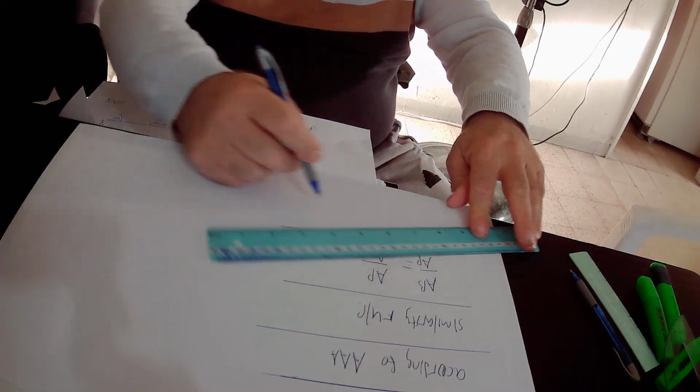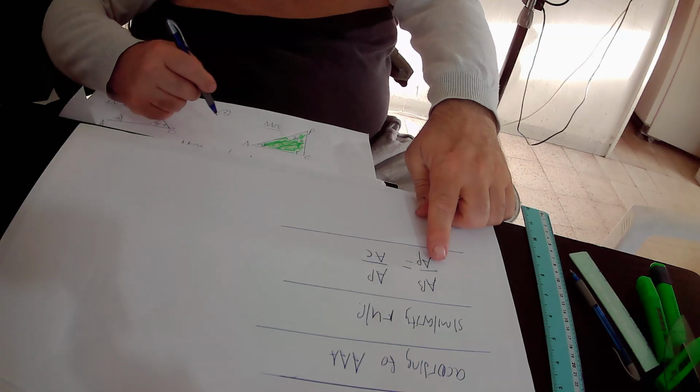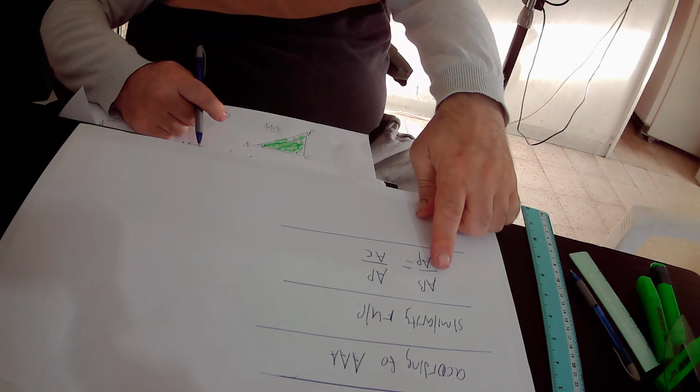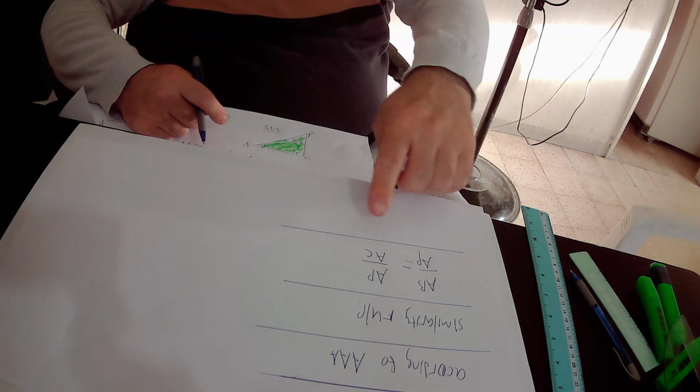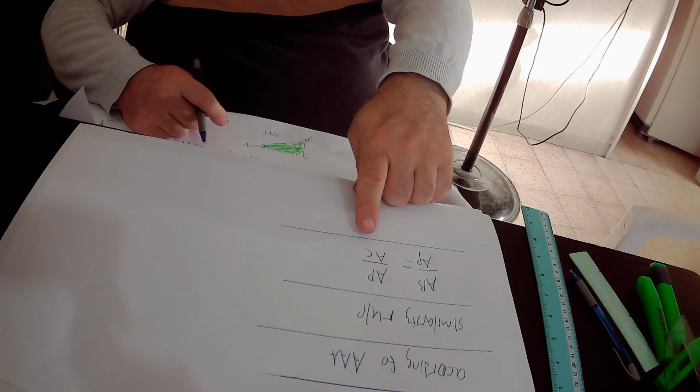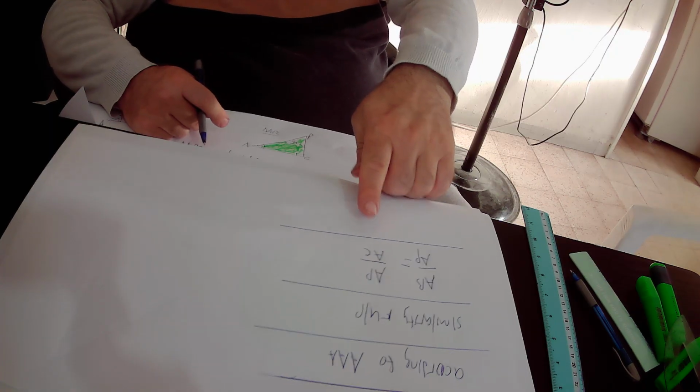Repeat again: we derive that side AB in the right triangle over side AP in the green triangle equals side AP in the right triangle over side AC in the green triangle.